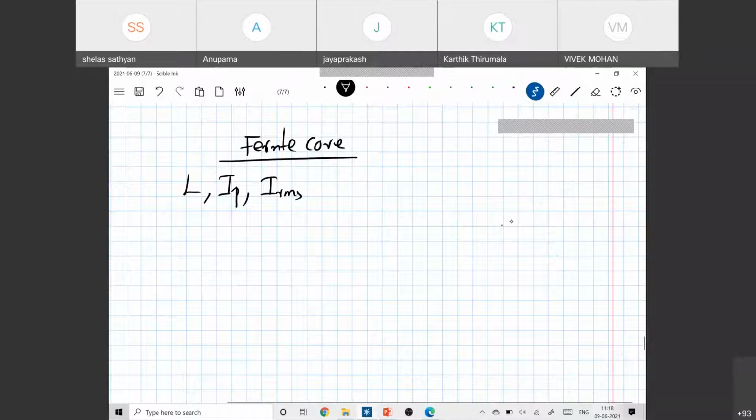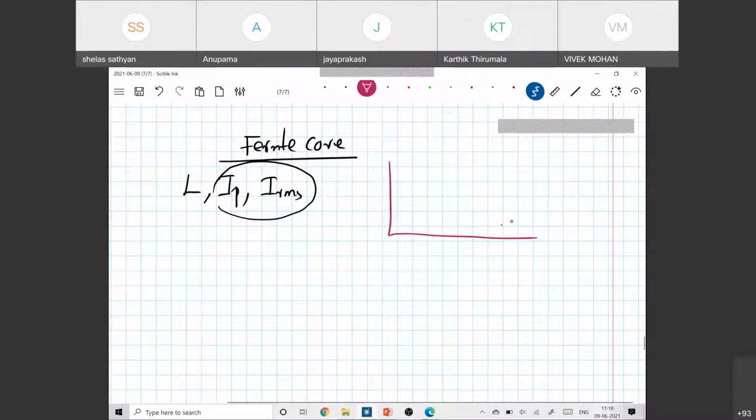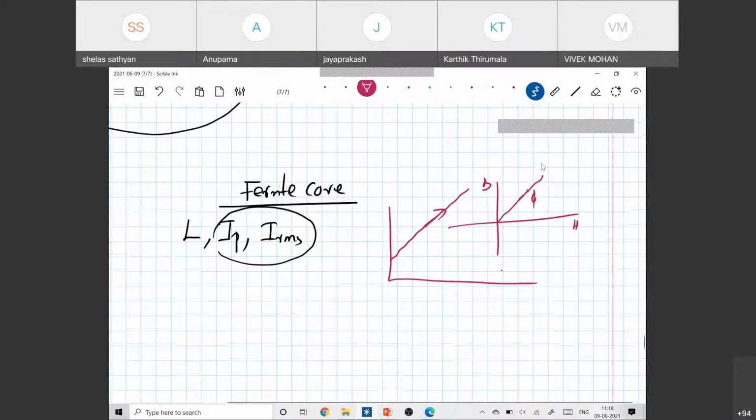Why are these RMS and peak values important? If you see the inductor current increase, then along with it, in the BH curve, our flux also increases. If the inductor current is quite large, the flux in the system also increases and the core may get saturated.